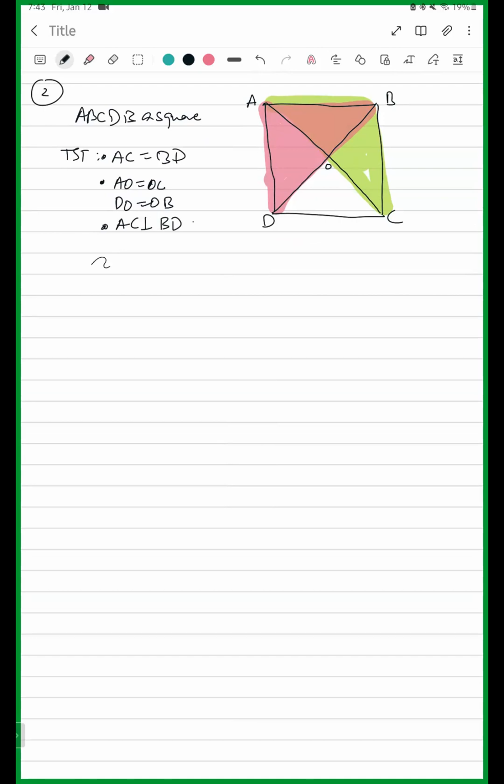So in triangle ABC and triangle BAD, what do we have? AB is equal to BA, common. AD is equal to BC. We should write opposite sides are equal here.